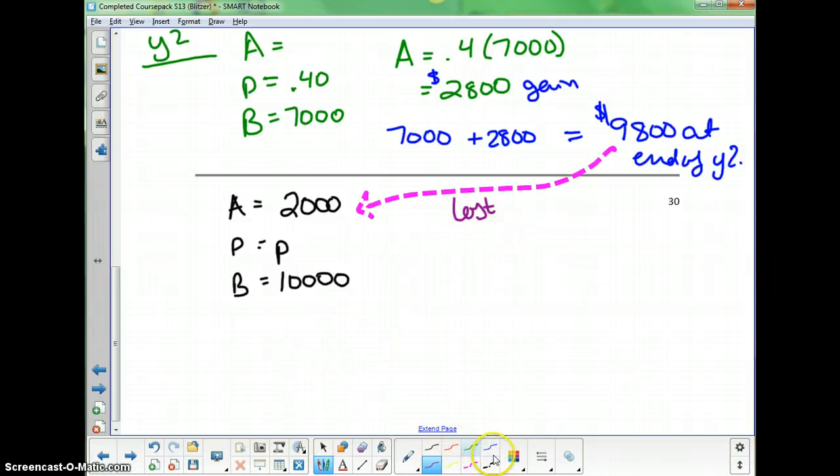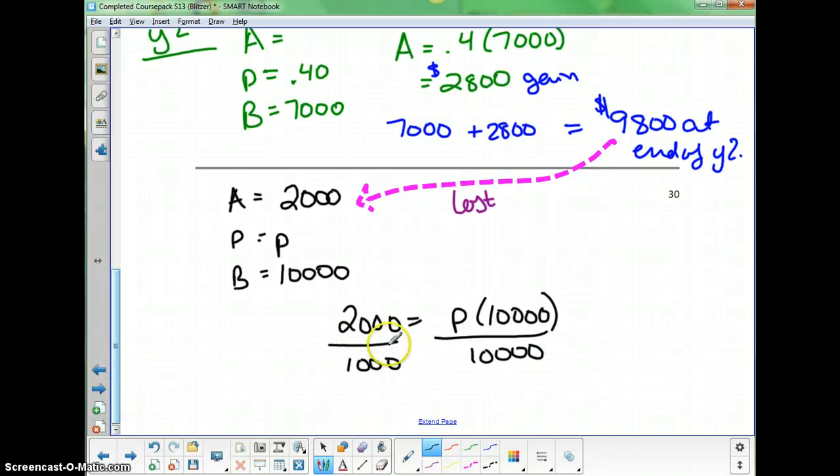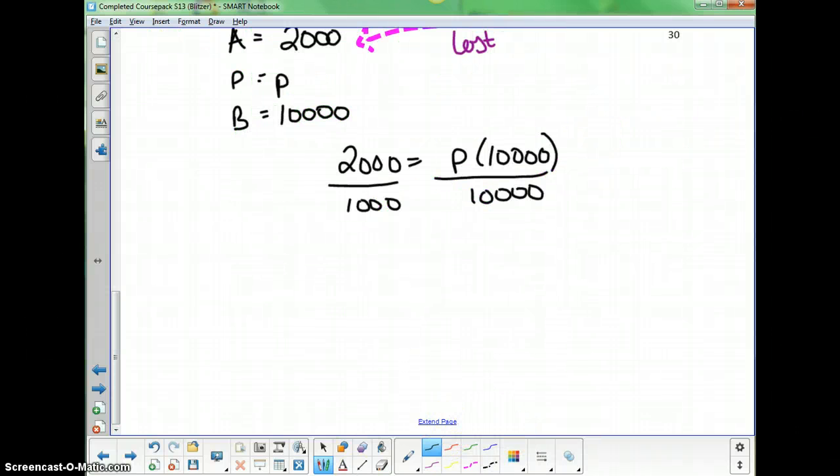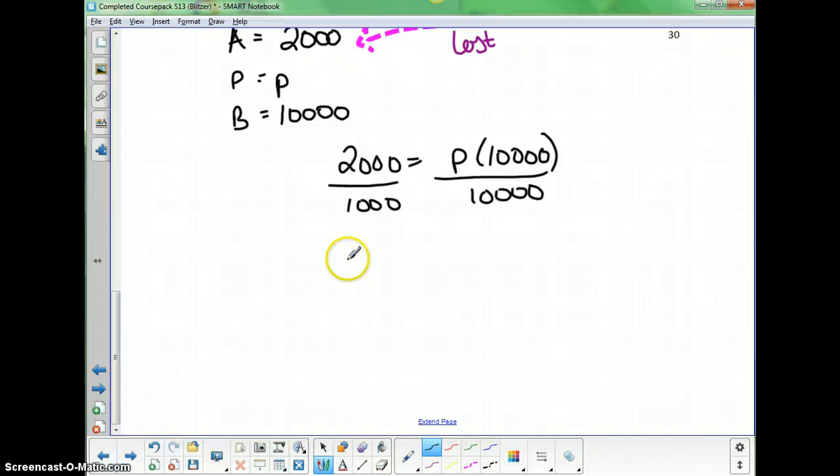All right, so setting this up, I have 200 equals percent times base. To solve for the percent, we're going to divide both sides by that 10,000. And calculator says that 200 divided by 10,000 is 0.02. So we had a 2% loss.